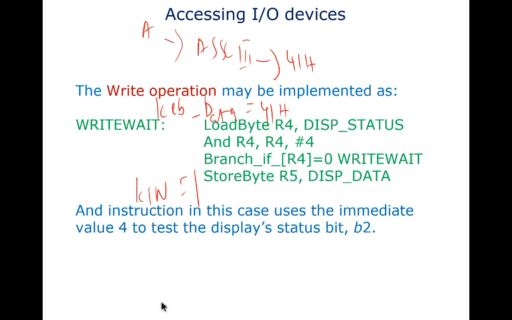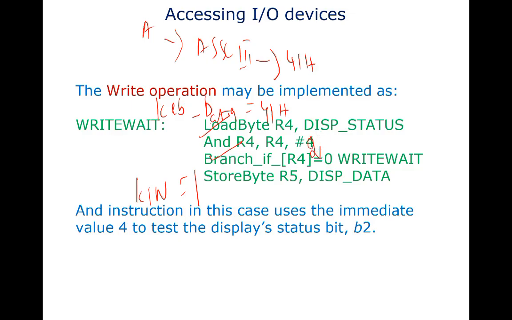Next, the processor detects KIN, and it loads with the instruction load byte R4, comma, keyboard status, and then R4 is tested with some value; here I have mentioned 2 as a value.